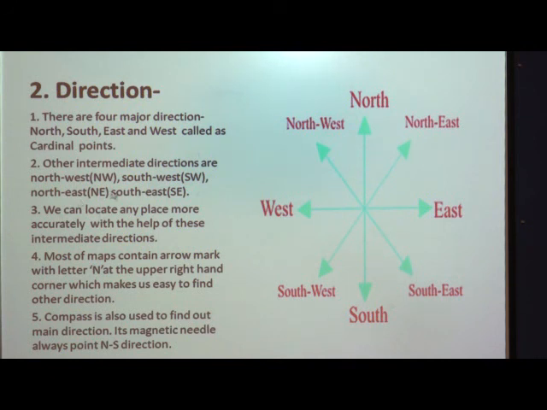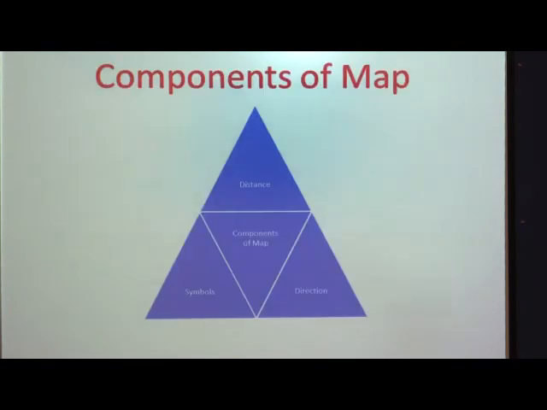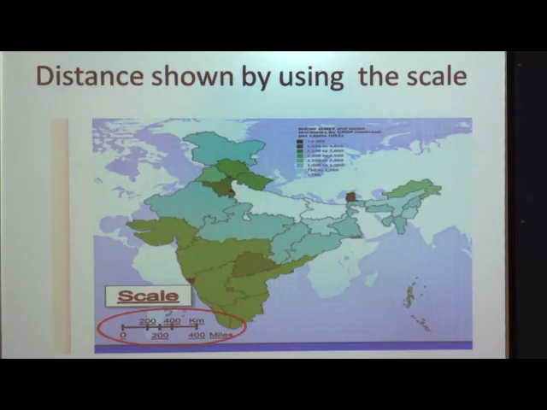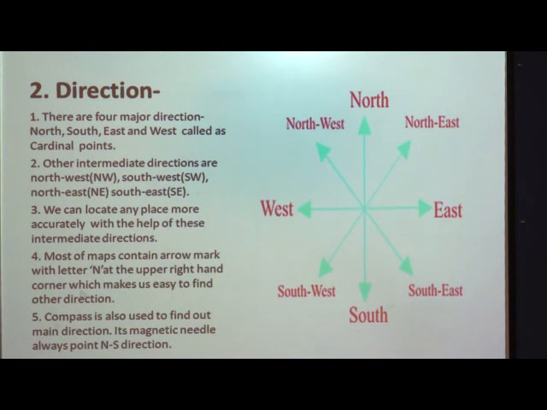Why are directions used, children? Directions are used to locate places. They are used to locate any place accurately with the help of these intermediate directions. Even on maps you can see there will be an arrow. Most of the time they give an arrow like this and write north, it means this side of the map will be north.